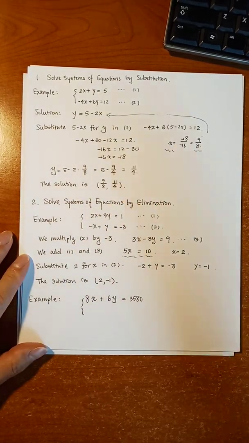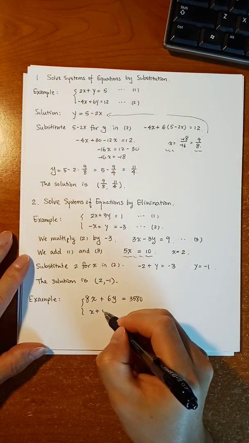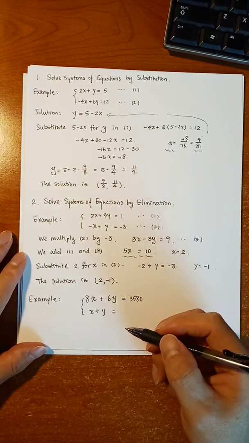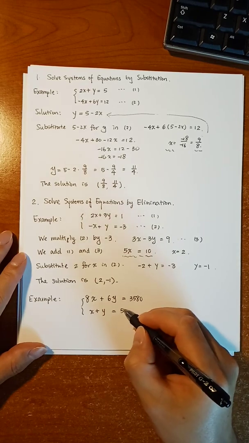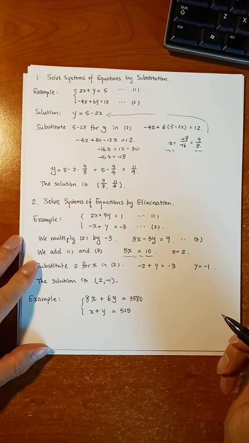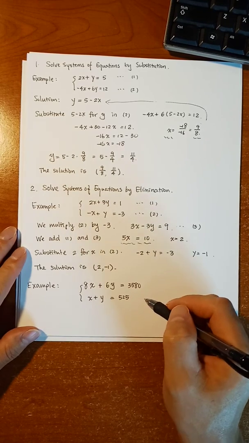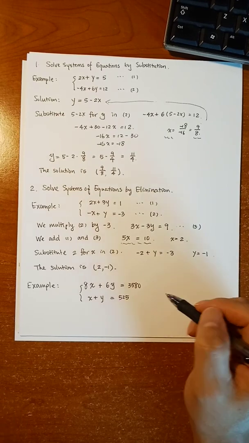And we also know that the total number of tickets sold last time was 525. So we form this system of equations. We try to solve it. So how do we solve it?